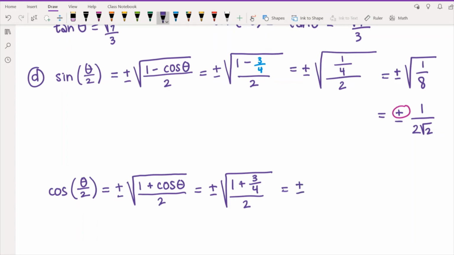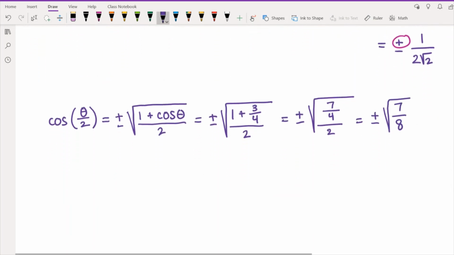Well, that's going to be 7 over 4 if you make a common denominator. So we have 7 over 4 over 2, and that's the same thing as 7 over 8. Honestly, it would be fine with me if you left your answer like that, but we could also rewrite this as plus or minus square root of 7 over 2 root 2. And then again, this one is positive because we saw that theta over 2 had a positive x coordinate and a positive y coordinate.